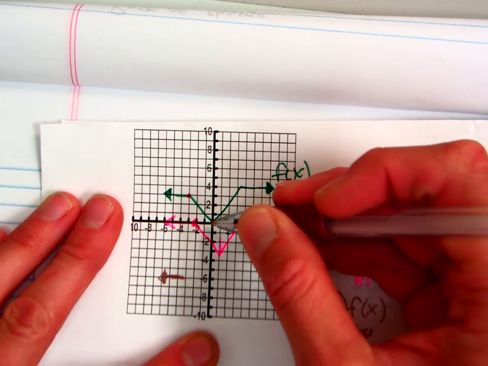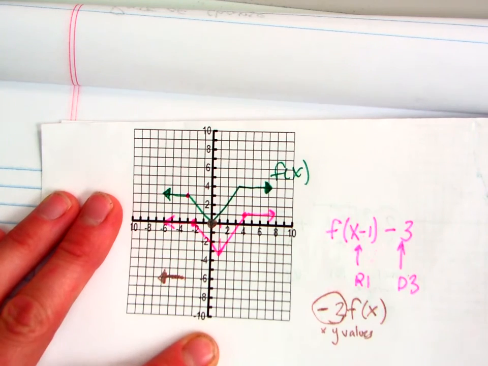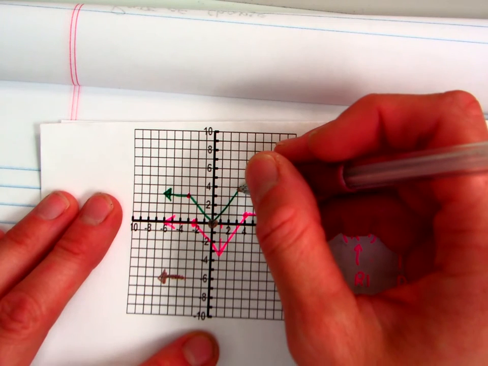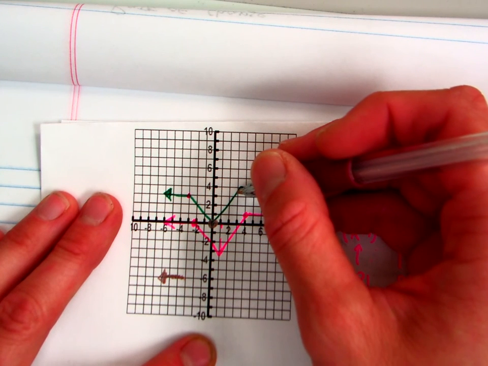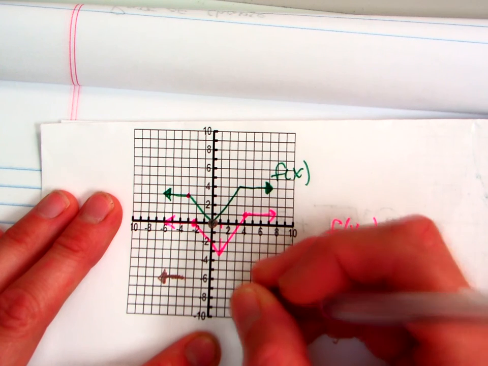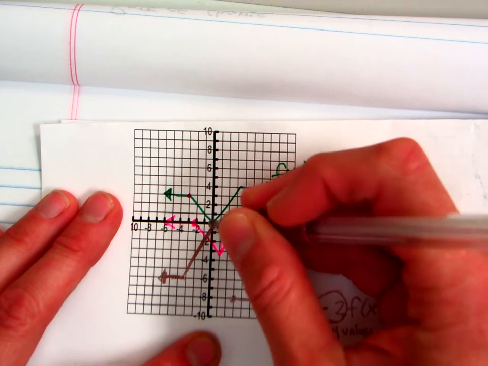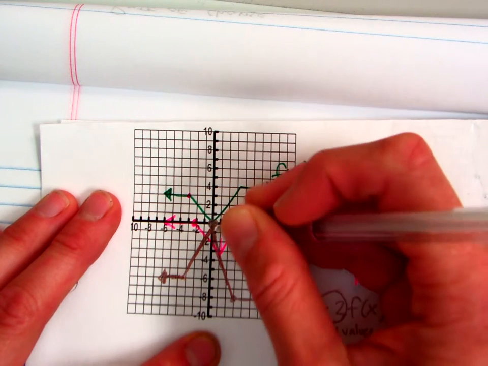And this y value is 0, so it's going to stay 0, because 0 times -2 is still 0. This is 4. 4 times -2 is -8, so I'll put them down here. So you can see that it got flipped and it got stretched.